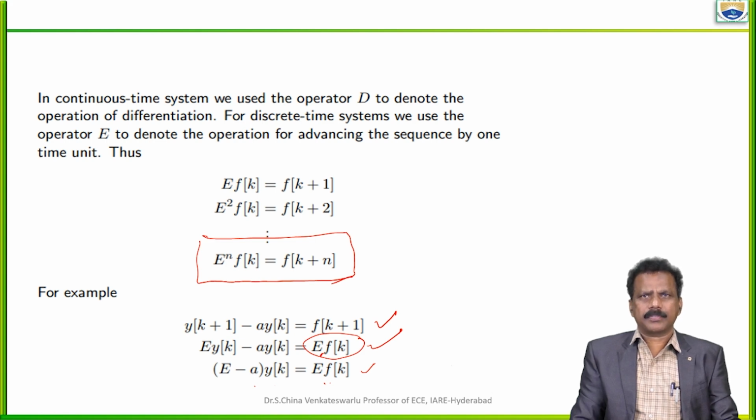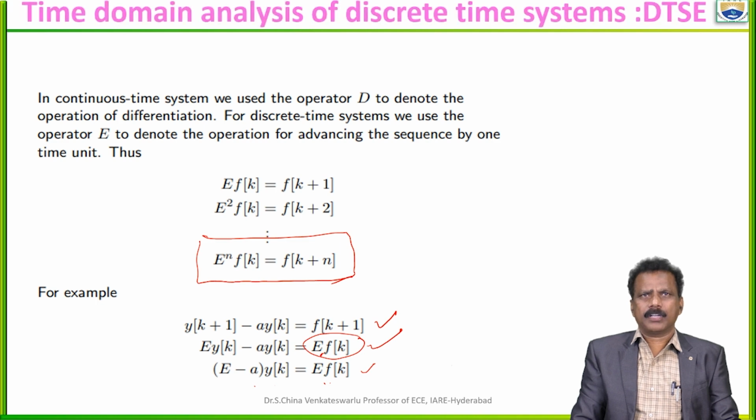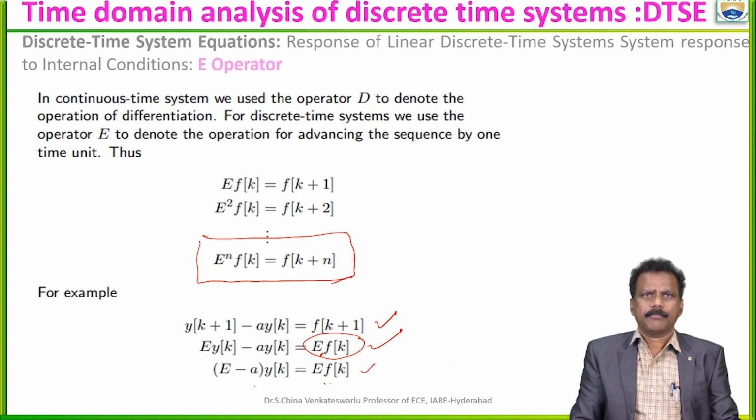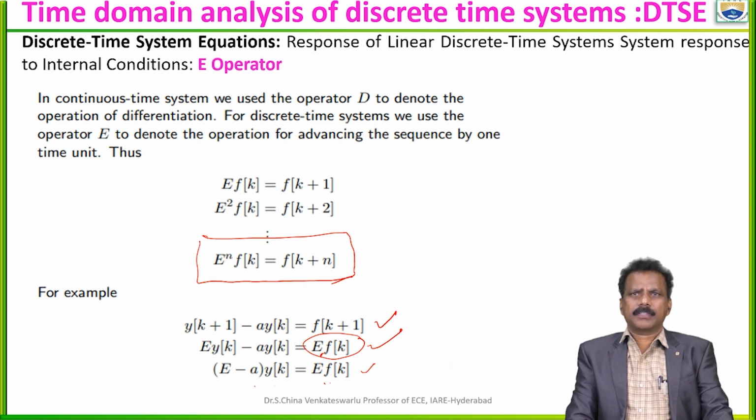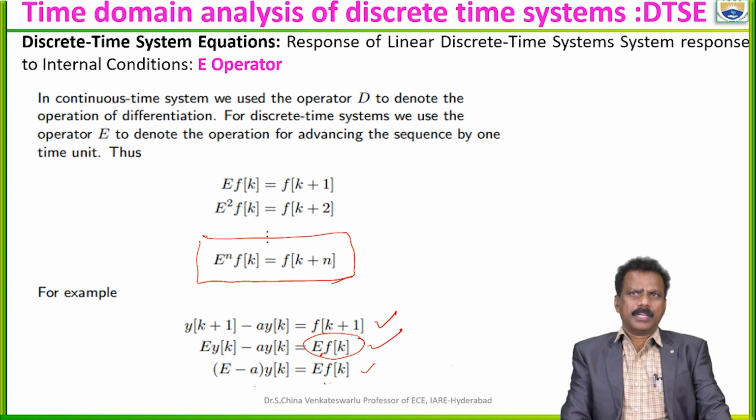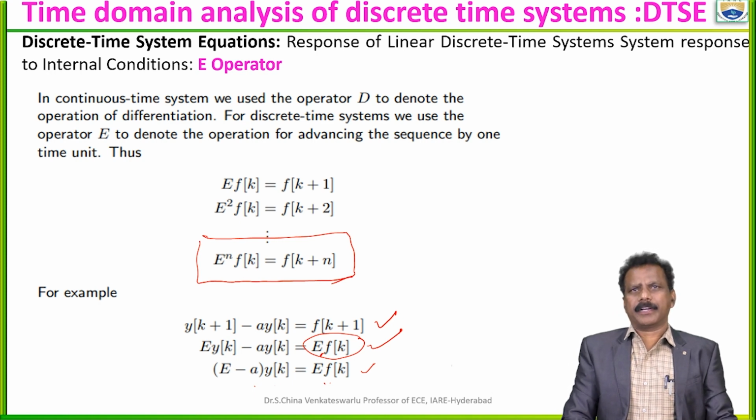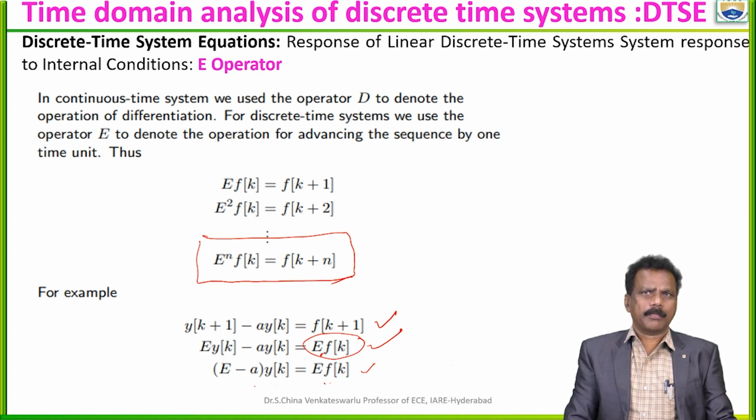In the continuous time system, we use the operator D for differentiation, and using this, we do the time domain analysis of the discrete time system. Based on this DTS, how it responds with reference to the E operator: that E operator is for the discrete time system. We use the operator E to denote the operation of advancing the sequence by one time unit.